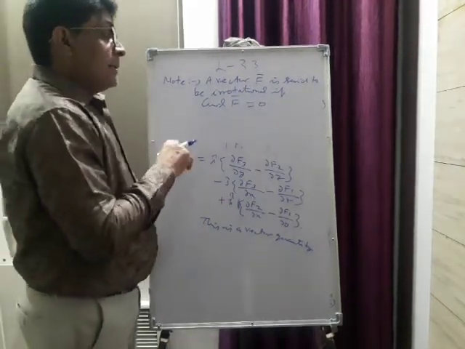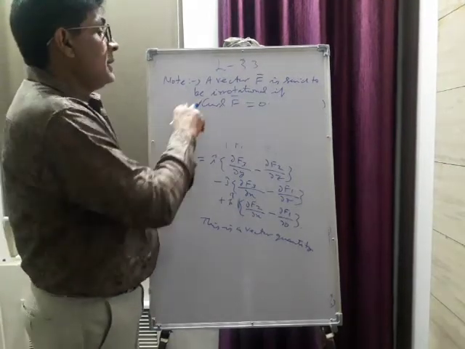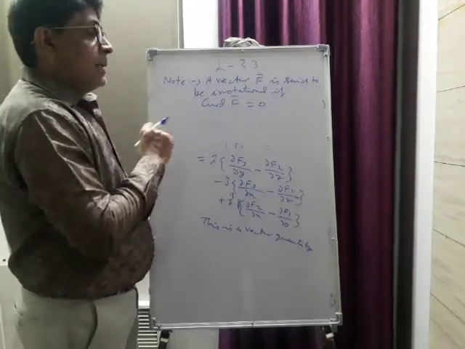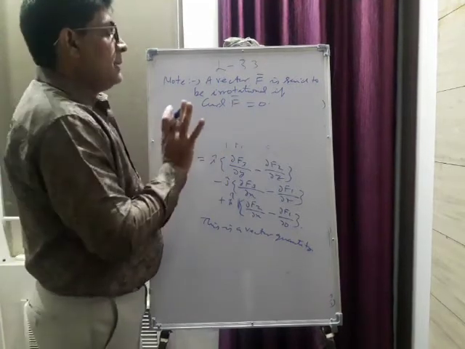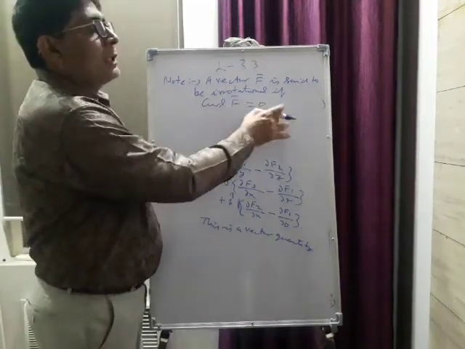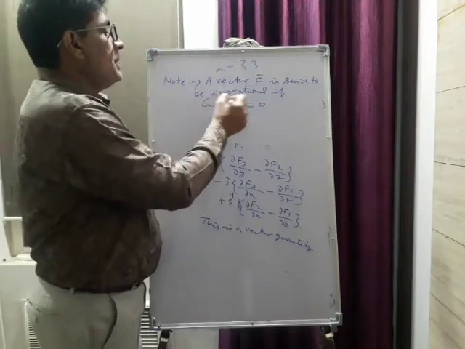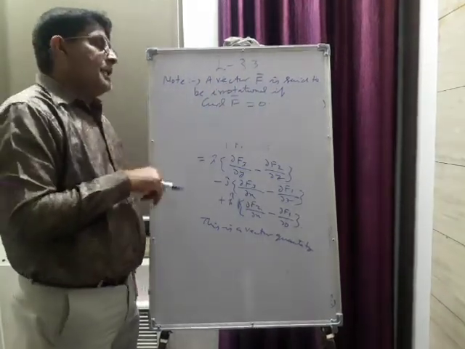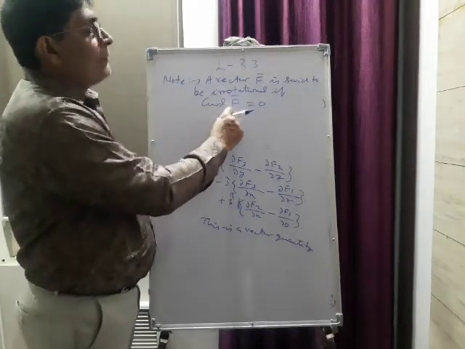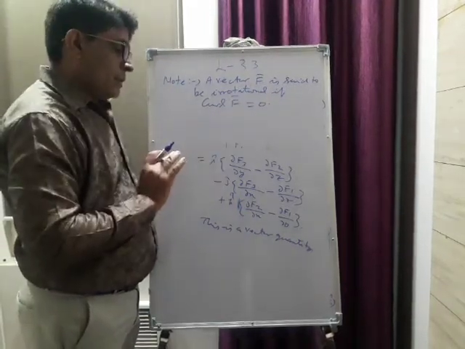Any such vector is said to be irrotational. There is no motion. Clear? So then curl f equal to 0. So irrotational, that is the condition of a vector which is irrotational, that means curl f equal to 0.